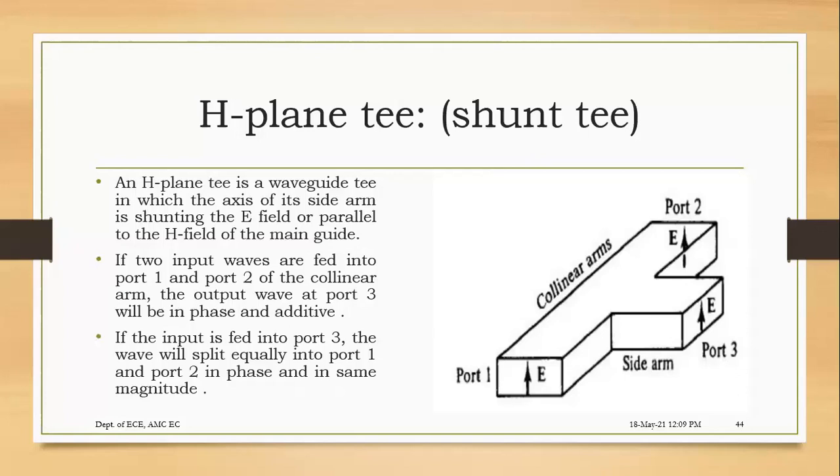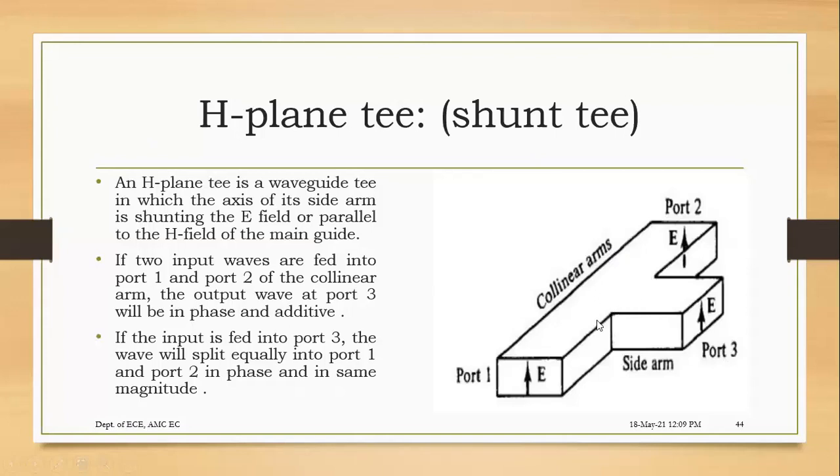Now in your H-plane T waveguide, the axis of the side arm, this is your side arm, you can see the difference. Previously in the E-plane, you had this perpendicular to your collinear arms. Whereas here, the side arm is parallel to your collinear arms, which means the side arm will be in shunt with the electric field or parallel to the magnetic field of the main waveguide.